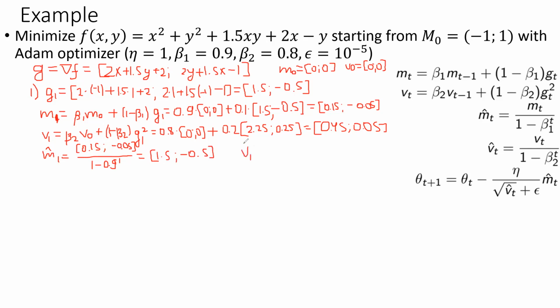So now we can calculate v1 hat. So our values 0.45, 0.05 divided by 1 minus beta 2, which is 0.8, to the first power, which is just 0.2. So it will restore the square of our gradient.